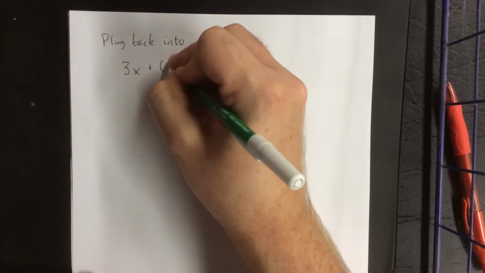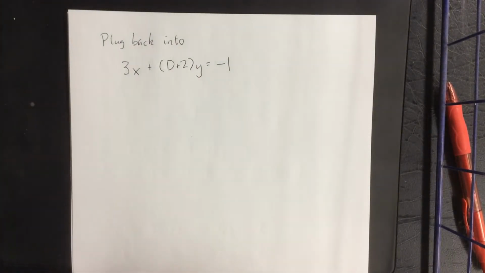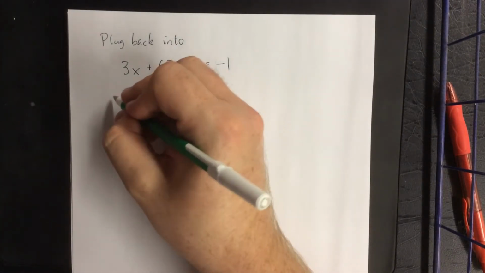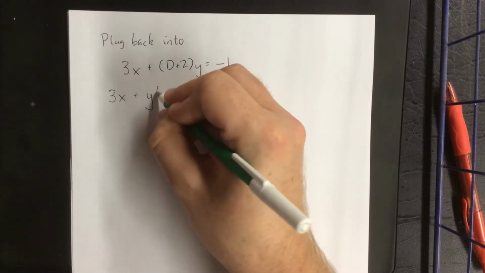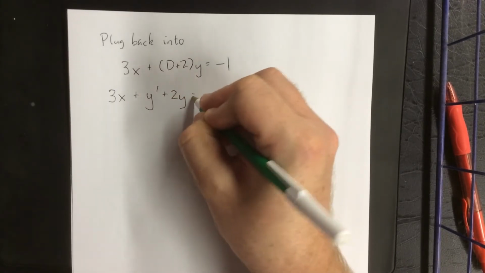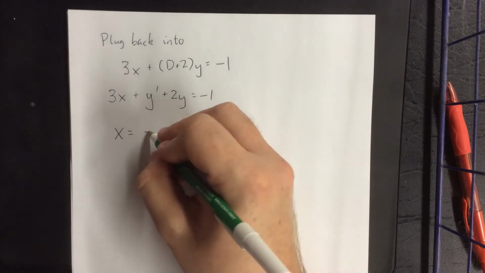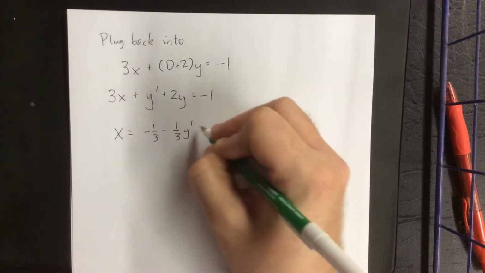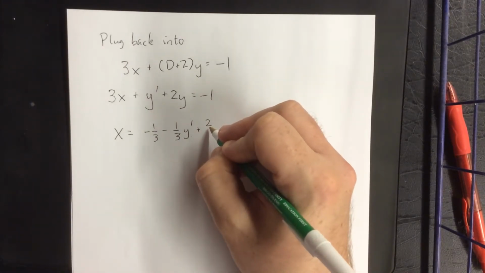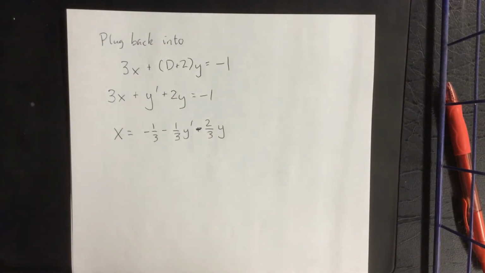3x plus y prime plus 2y is equal to negative 1. What I'm going to do is a little bit of algebra here. Let's say that this means that 3x plus y prime plus 2y is equal to negative 1, and some more algebra. x is equal to negative 1/3 minus 1/3 y prime, minus 2/3 y.